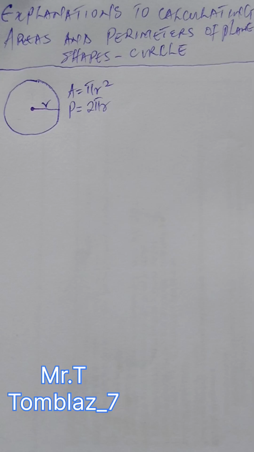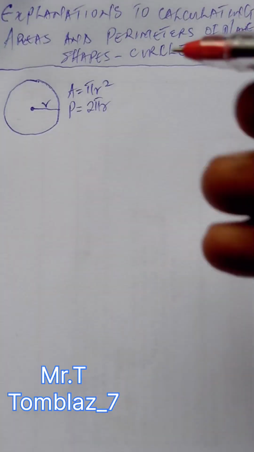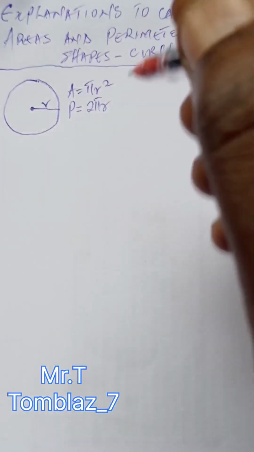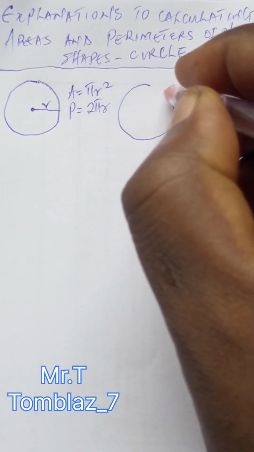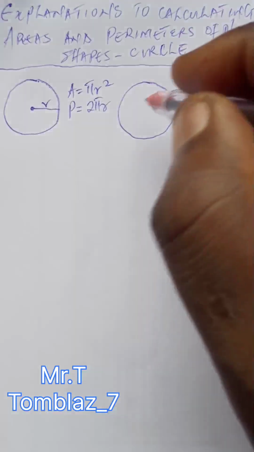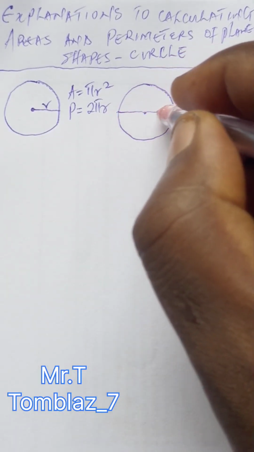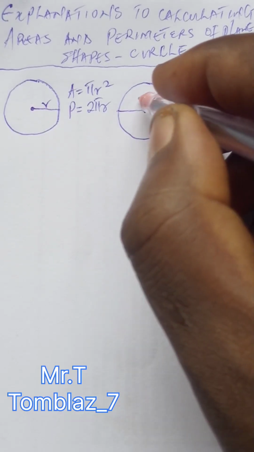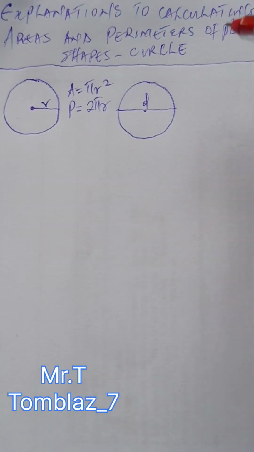Now if you have a condition where the diameter of the circle is given instead of the radius, that means maybe you have something like this, and then they say the distance through the center from one portion of the circumference to the other is the diameter, and that's the value that is given.